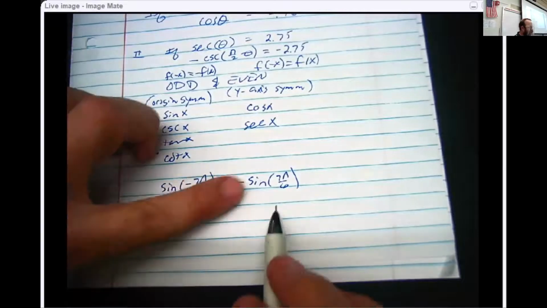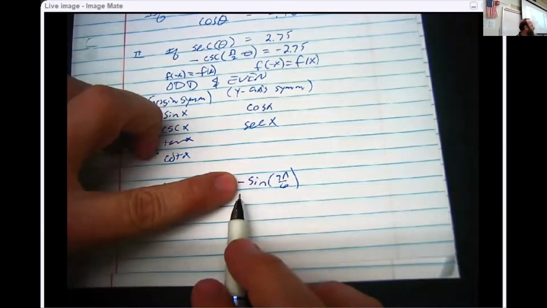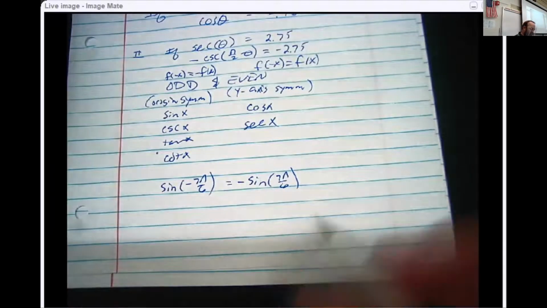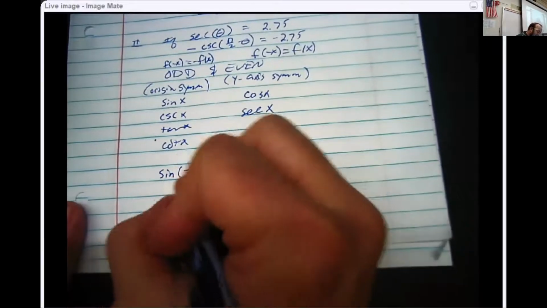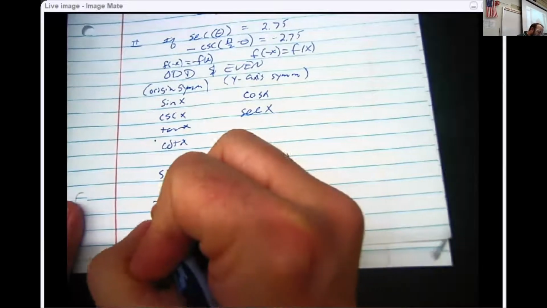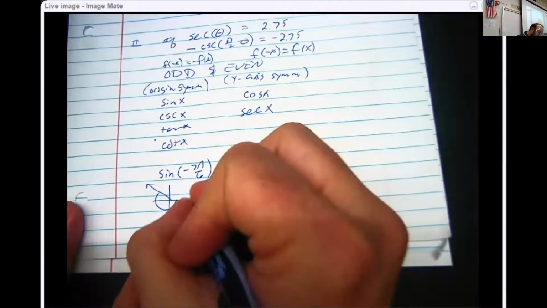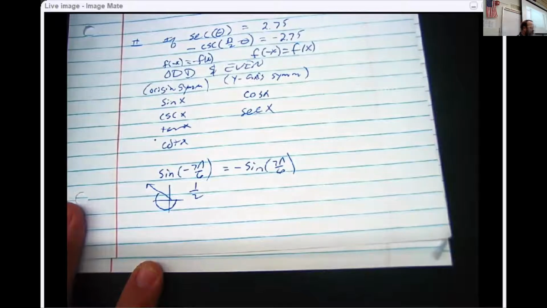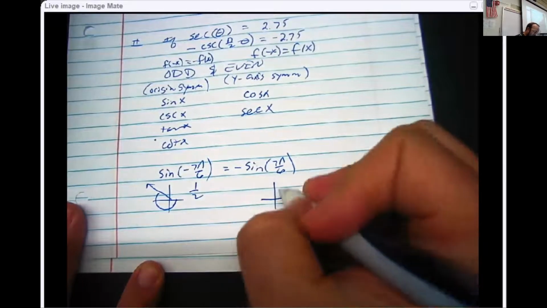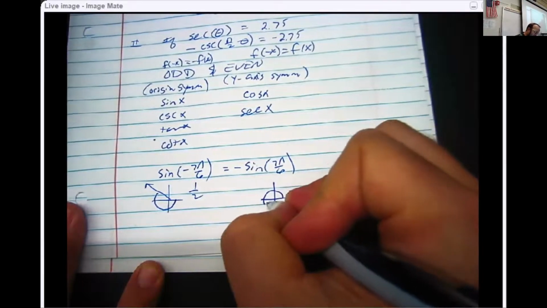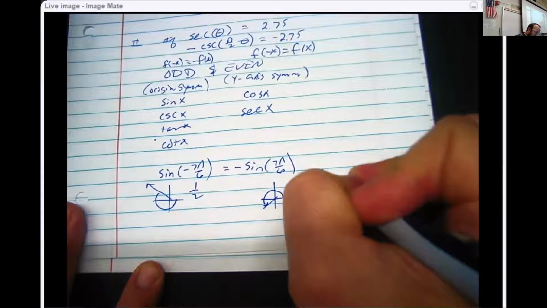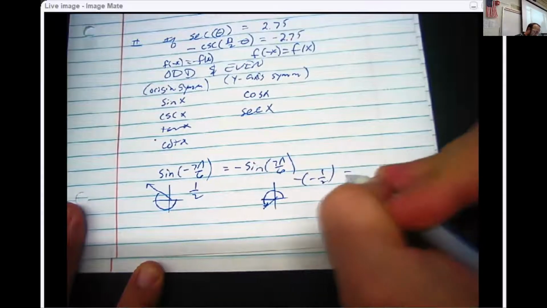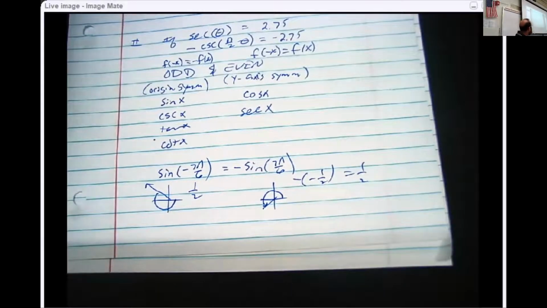And this says, oh, just rotate forward, but then change the sign, and you should get the same answer. So this answer would say rotate backwards 7 pi over 6, where the sign is positive a half. This one actually says, let's rotate forward to the value negative 1/2, but then put a negative in front, and I get a positive. You see how you get the same answer either way?